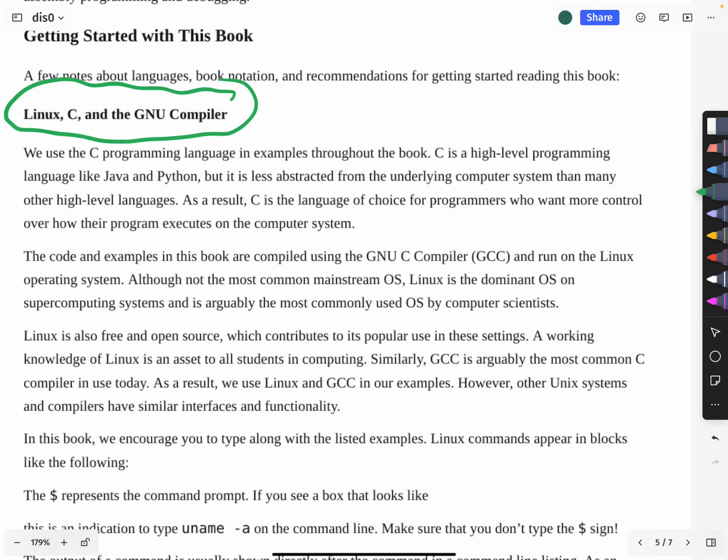And the GNU compiler. So again, you basically have that as soon as you have Linux, probably, depending on exactly how you have Linux. And by the way, I personally will be writing my code in a code editor, VS Code.